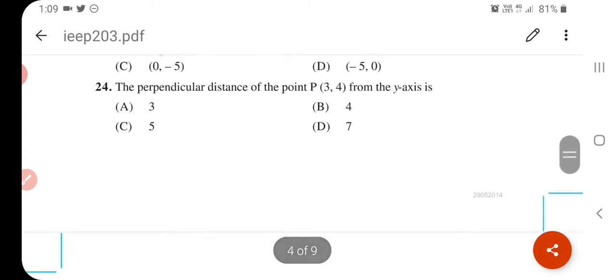The perpendicular distance of the point P 3, 4 from the y axis is the abscissa, meaning x coordinate, of the point 3, 4, which is 3. So answer A will be the right answer. Understand.